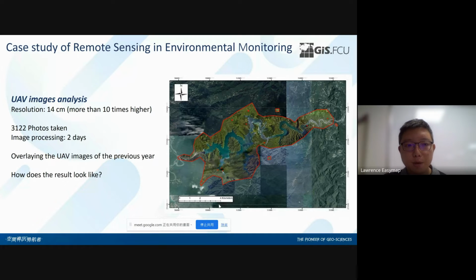We took 3,122 pictures, and the image processing took us 2 days because it's so big. We did such a process year after year, since 2019, annually. And we compare the results of the UAV images to see how they look.